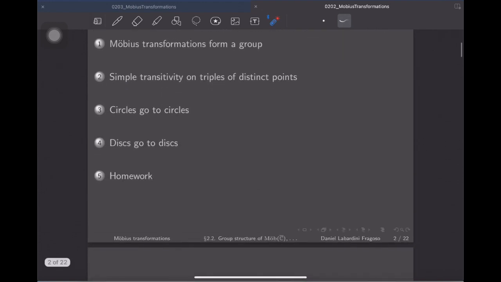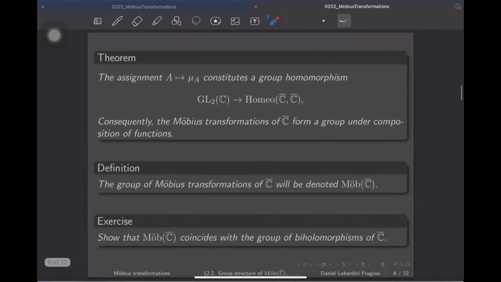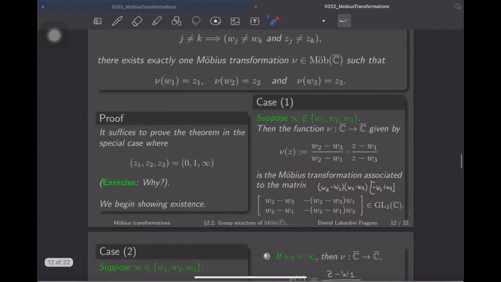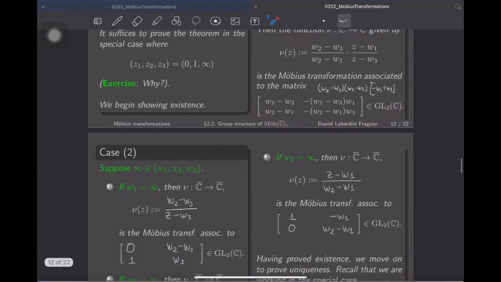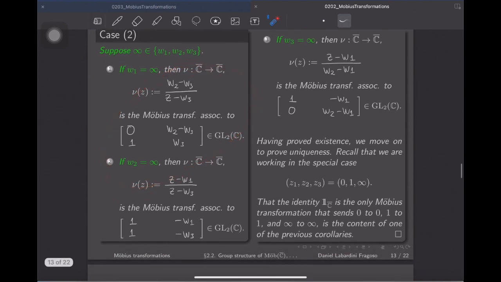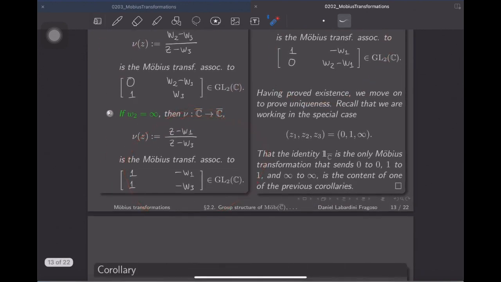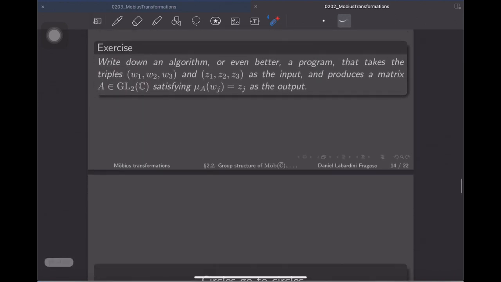And this simple transitivity on triples of distinct points actually was done very explicitly. We gave very explicit formulas in all possible cases. As I stressed last time, this can actually be programmed.